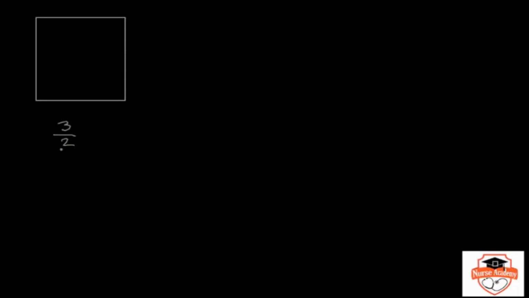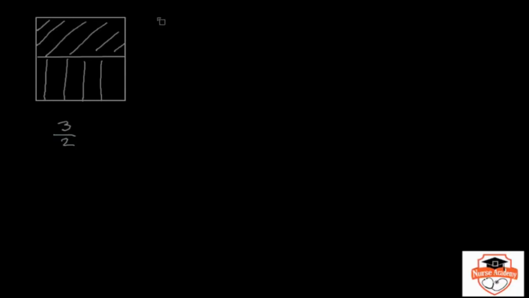So our first job is to cut the square into 2 equal pieces because we have a 2 in the denominator. So here you go, 2 equal pieces. And then the numerator tells us, please shade 3 of those 2 pieces. Well, I only have 2 pieces, so this is the best I could do on this square. I could shade both these pieces. Okay, that's 2 out of 2. But where does the third piece come from?